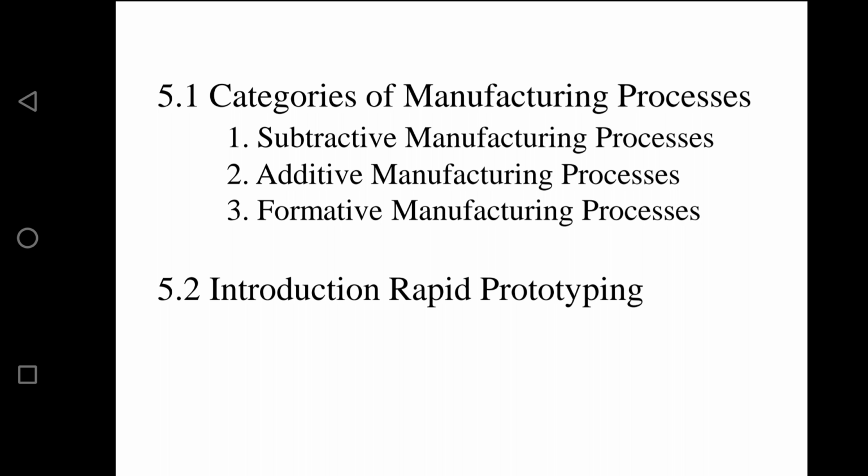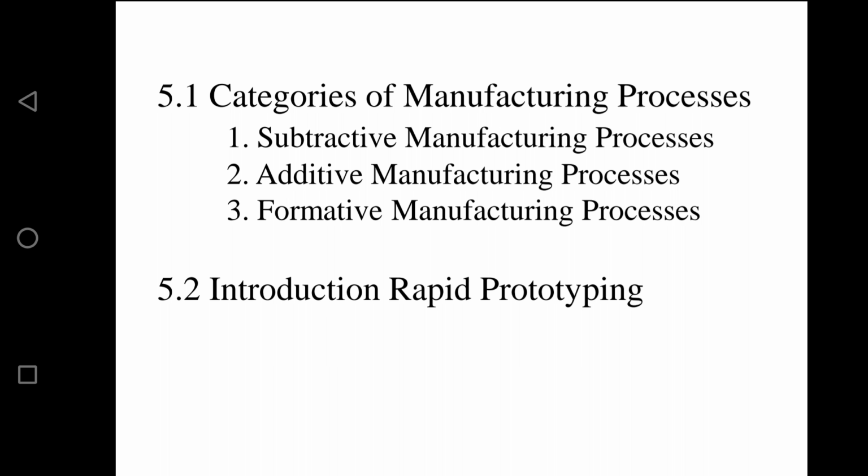Well, the second one is additive manufacturing process. Well, the name itself indicates we are adding the material. Okay, so the object is manufactured by depositing layers of material to get a desired object. So in additive manufacturing, virtually there is no wastage of material, because whatever material we need to add, we will add it, and we are not going to have any wastage of material.